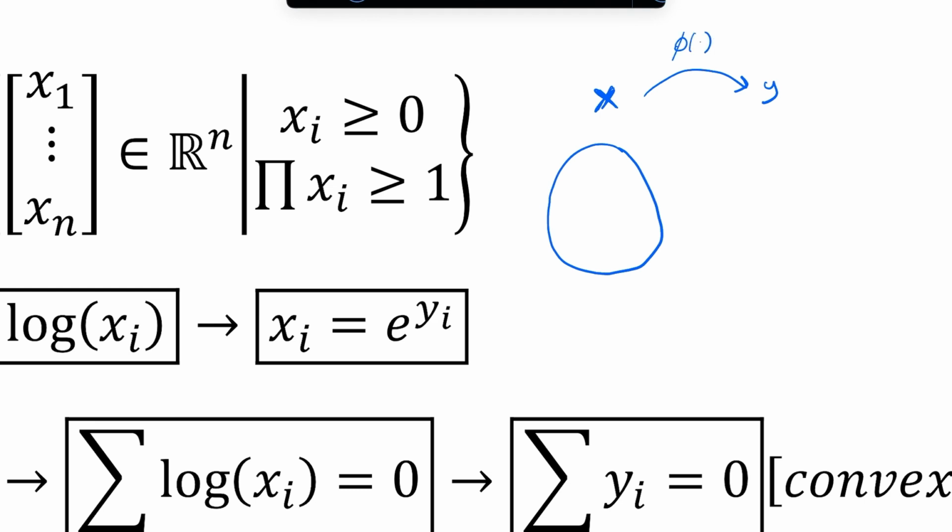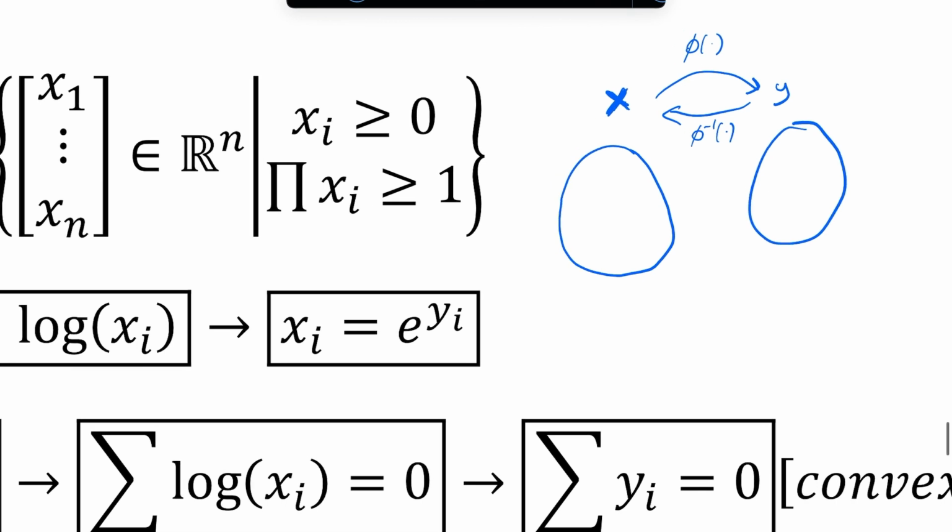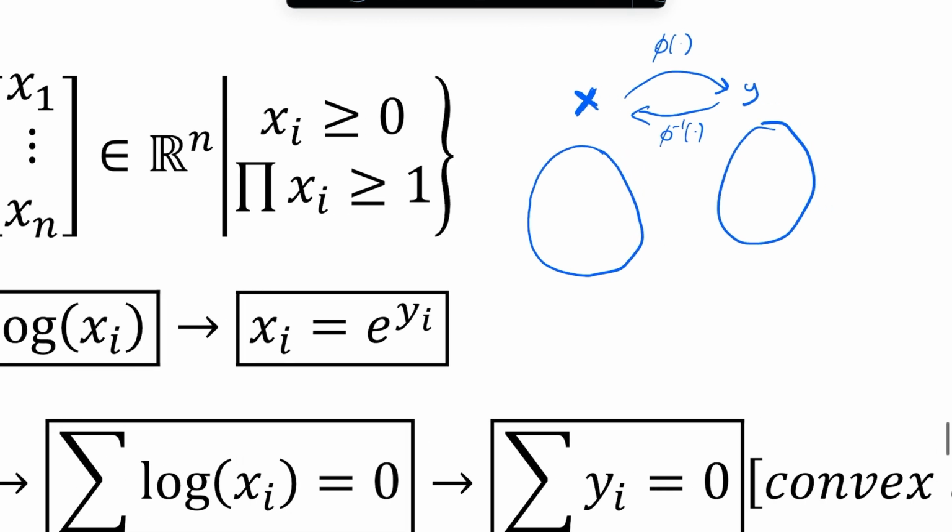And we have a one-to-one function, right? We can go from there and we can come from here. So I'm saying this is x, this is S1, and let's call this X2. I would like to prove that S1 is convex.